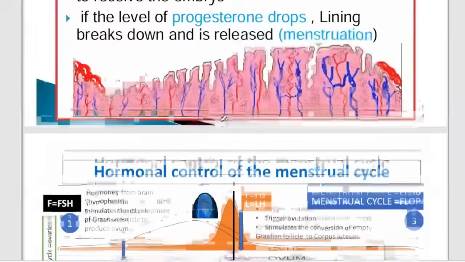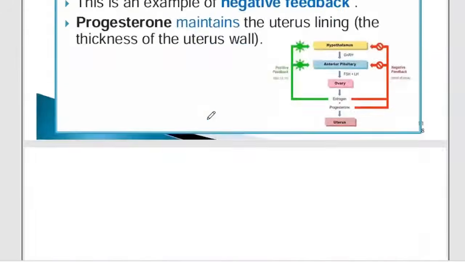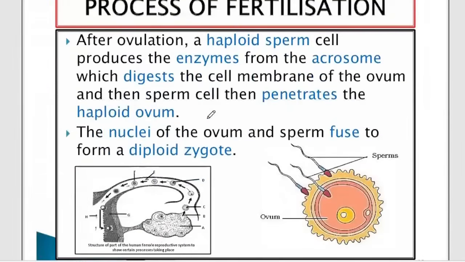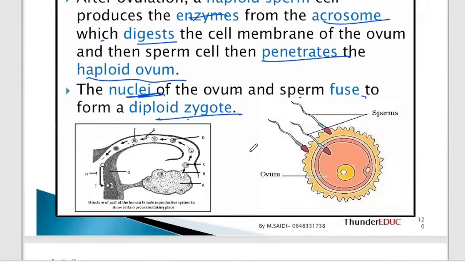If you look at our distinction material book, they are basically asking you to explain this process. After ovulation, the haploid sperm produces the enzyme from the acrosome, which digests the membrane of the ovum, and then it penetrates the haploid ovum, and the two nuclei of the ovum and the sperm fuse to form a diploid zygote. So that is the process of fertilization.